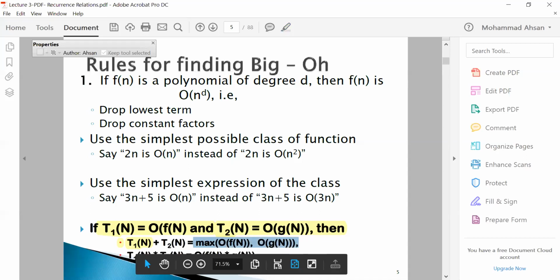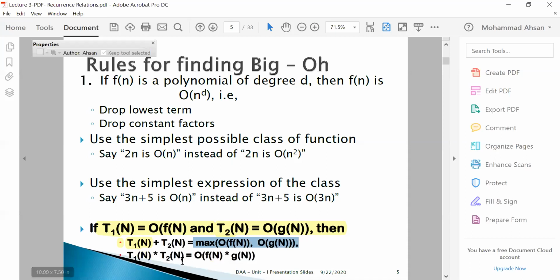And if you multiply the two functions, the result will be O of f(n) into g(n).